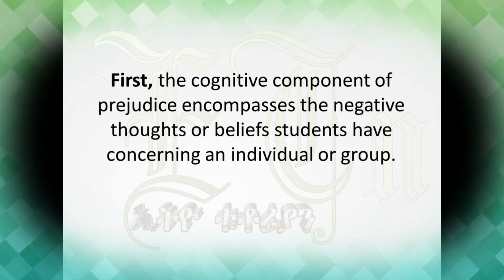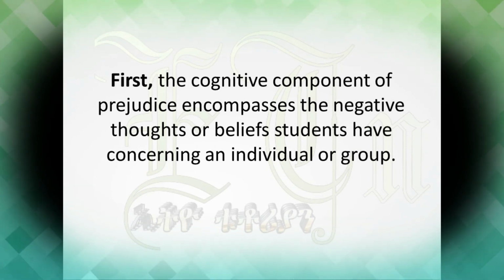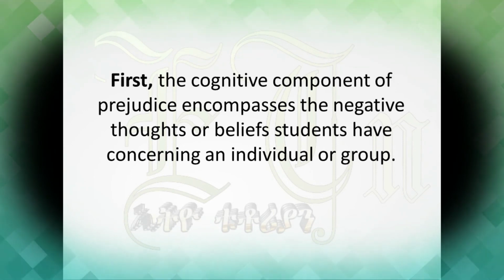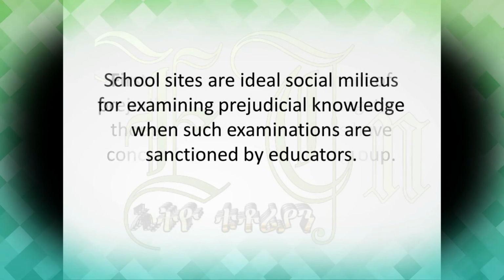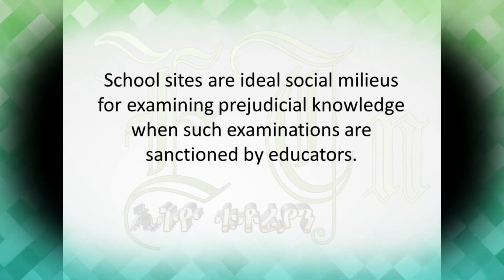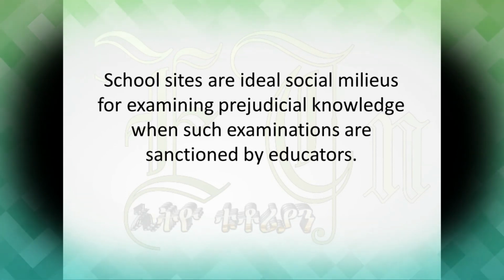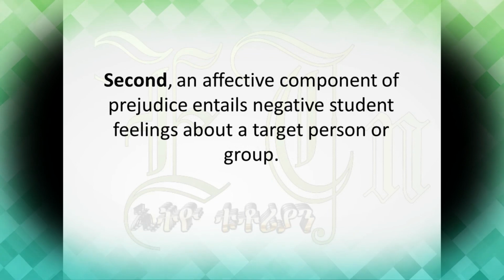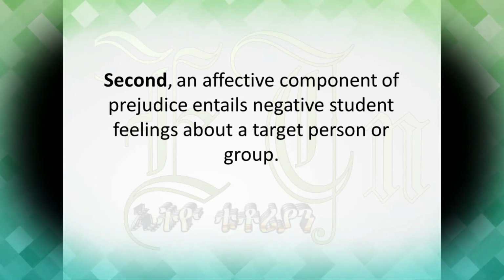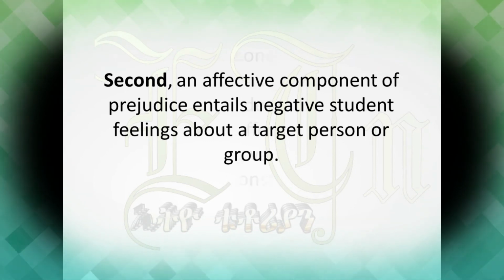First, the cognitive component of prejudice encompasses the negative thoughts or beliefs students have concerning an individual or group. School sites are ideal social milieus for examining prejudicial knowledge when such examinations are sanctioned by educators. Second, an affective component of prejudice entails negative student feelings about a target person or group.